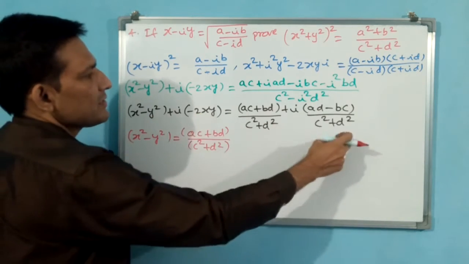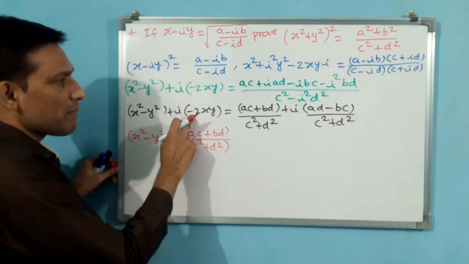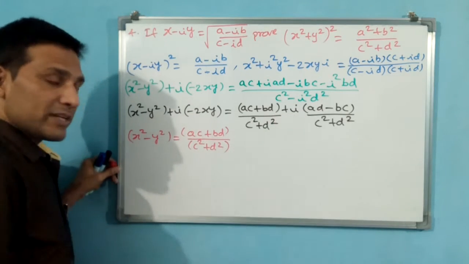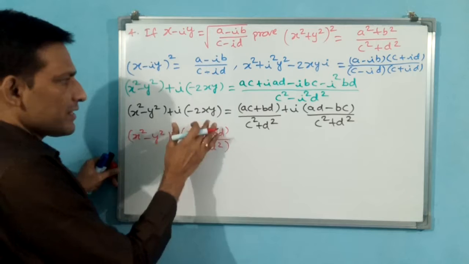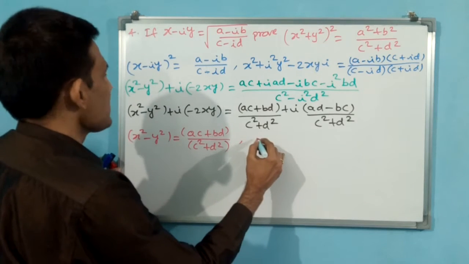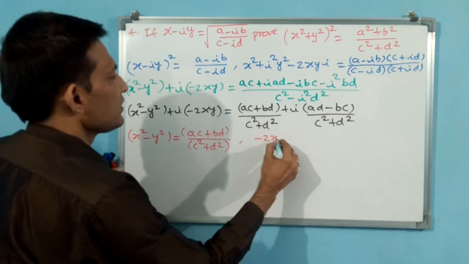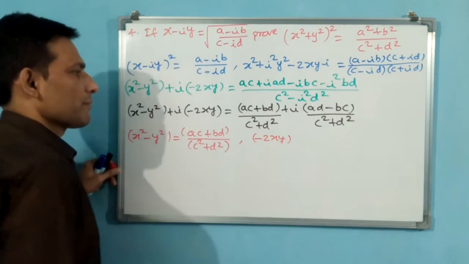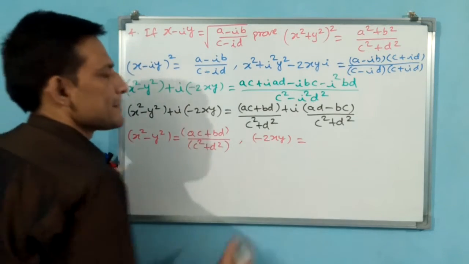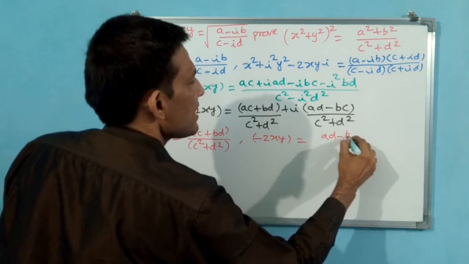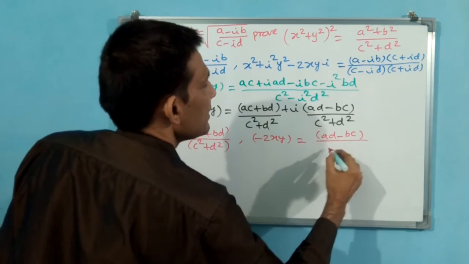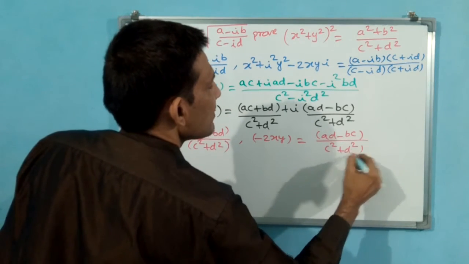This is the imaginary part, this is imaginary. That is why I have made a plus sign and here minus. Like that you can separate. Okay, this is the real part. What about the imaginary part? Minus 2xy is equal to AD minus BC by c square plus d square.